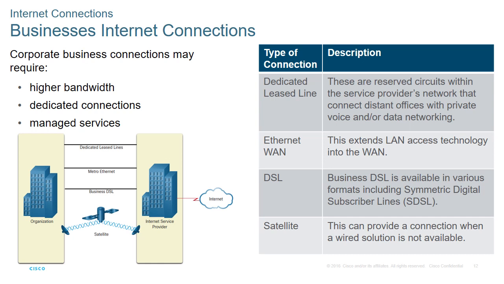That means that internet connection should be used only by that organization. It is not shared with anyone. So there is a private connection that runs between the organization and the internet service provider. So that is what a dedicated connection is. And managed services. So all the services are managed by the internet service providers. So these are all the things about the business internet connection.